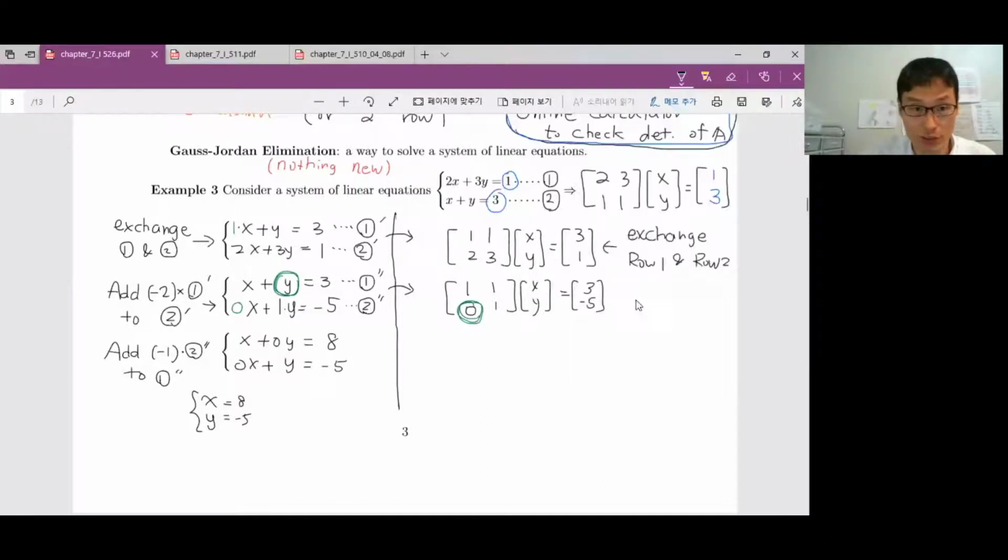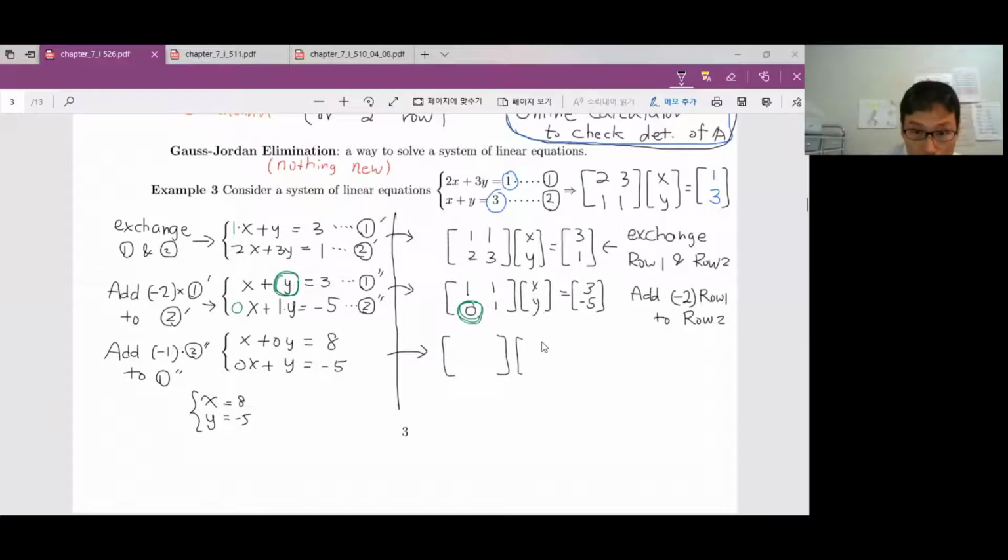To have this, we added -2 times row 1 to row 2. This is what happened.